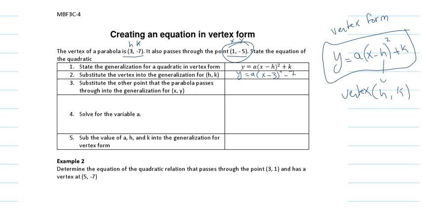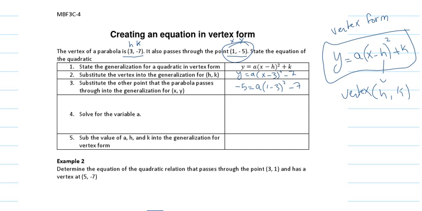Okay? So y is negative 5 equals a, x is 1, minus 3, squared minus 7. So you see that right now I only have the variable a. Everything else is numbers. So I can isolate for that a, solve for it.